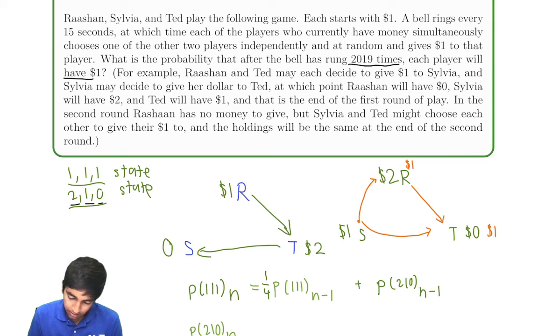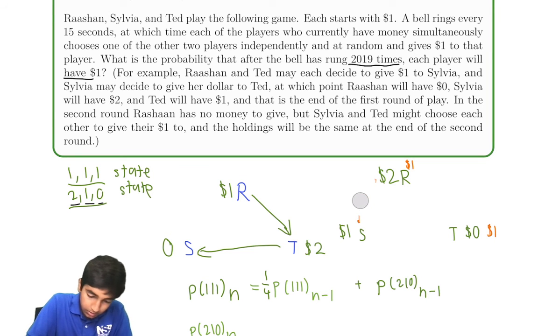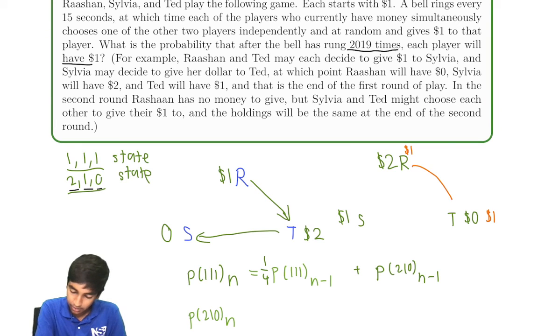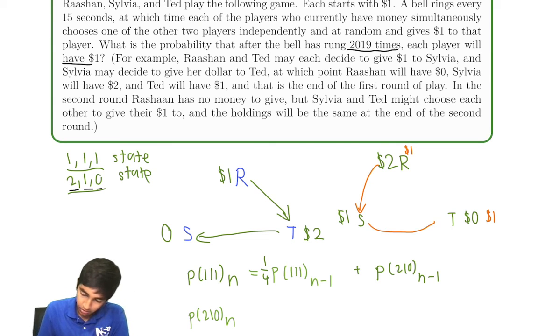Instead, let's see what happens when Rashawn gives it to Sylvia instead. So just to summarize, if Rashawn gives his $1 to Ted, Sylvia would be missing out. So now, what if instead Rashawn gives $1 to Sylvia, and then Sylvia gives $1 to Ted? That would work.